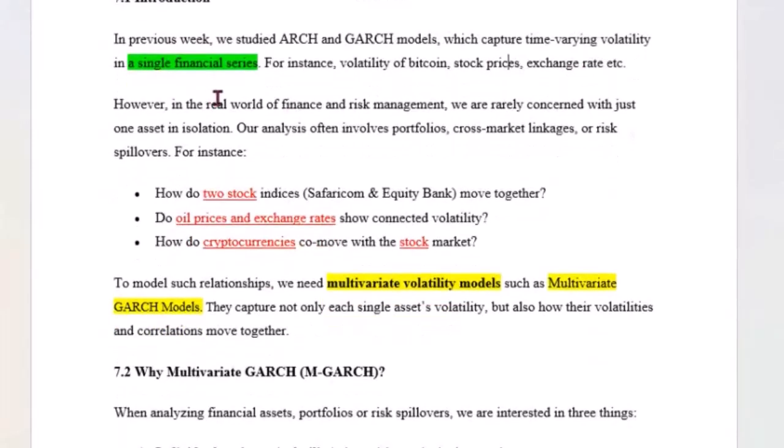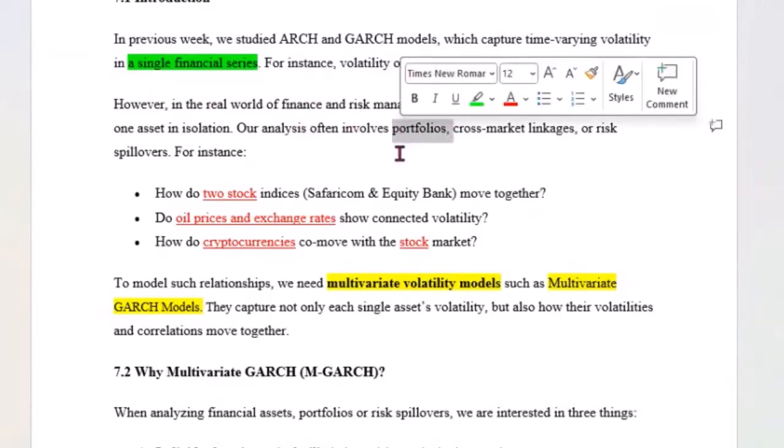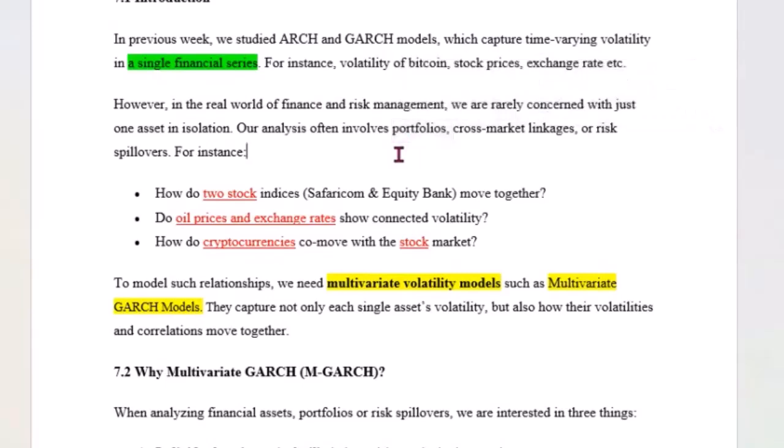However, in the real world of finance and risk management, we are rarely concerned with just one asset in isolation. Our analysis often involves a portfolio of assets, cross-market linkages or risk spillovers.